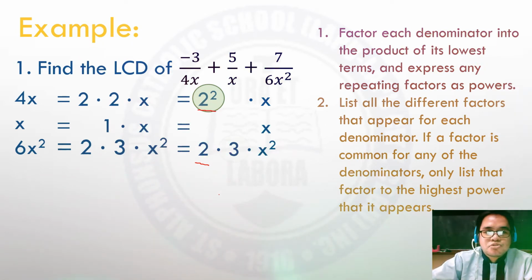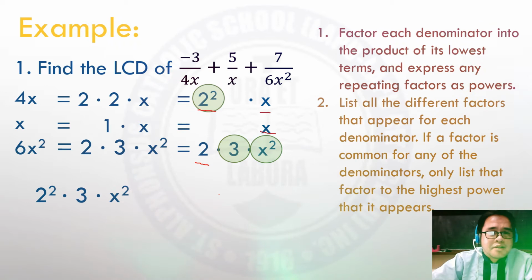Next, we are going to choose as well 3 because we will consider all different factors even if 3 doesn't have common factors in the list. And choose also x squared because it has the highest exponent among its common factors, which are x and x here in the list. So we will list all the different highlighted factors. So we have 2 squared times 3 times x squared. Simplify them further and you will get 12x squared.